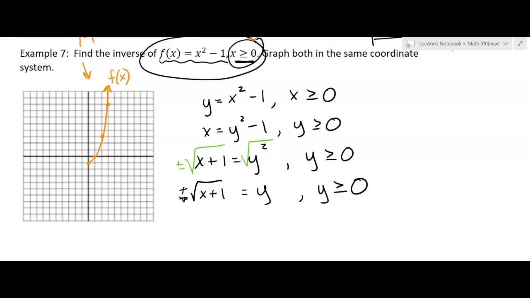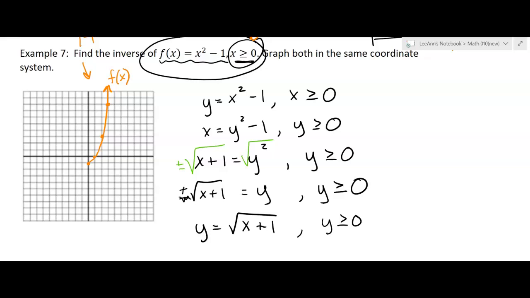So I can't have the negative case. I can only have the positive case. And I have to do that anyway because it wouldn't be a function, right? So I have to restrict this. So I'm going to say y is equal to just the square root of x plus 1. Okay? And you can include the restriction y is greater than or equal to 0.